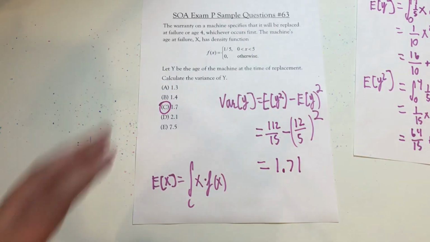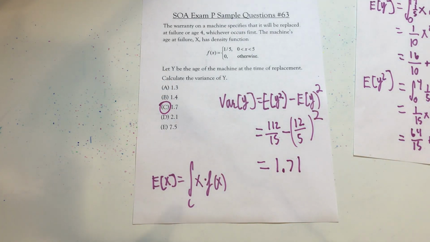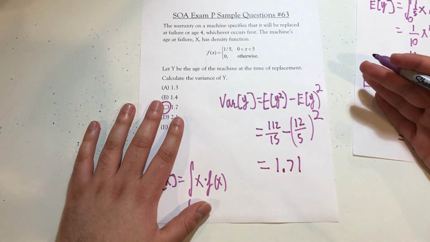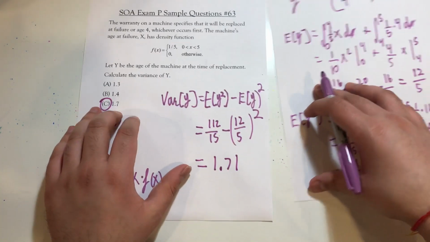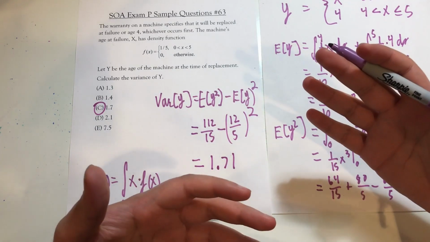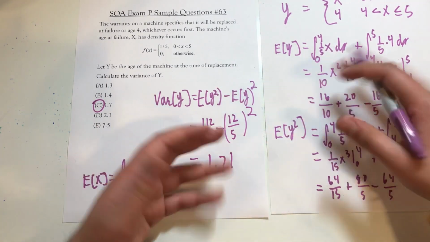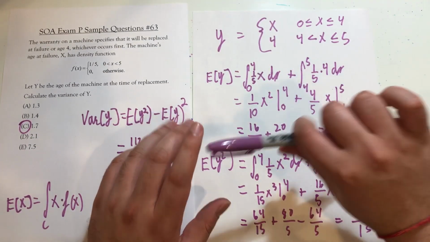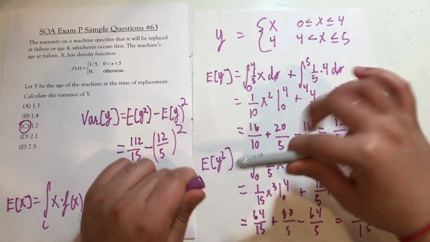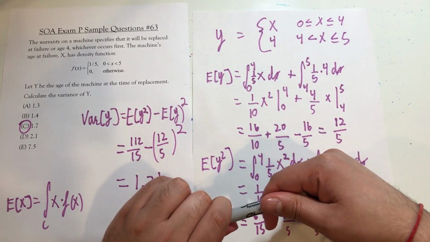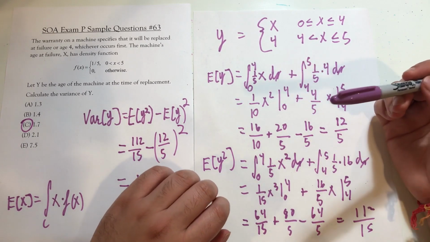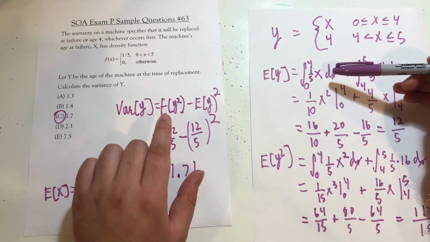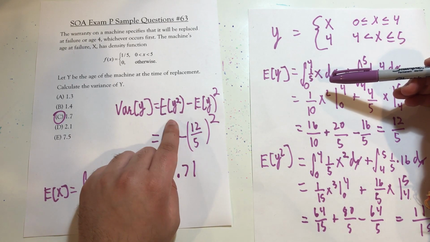So this is a pretty straightforward variance problem with continuous random variables. Just a brief overview. What we first had to do is identify what x is and what y is. Then what is the density function of y, because that is a function of x. Once we got the density function of y, in order to get the variance, that requires getting the first moment and second moment.